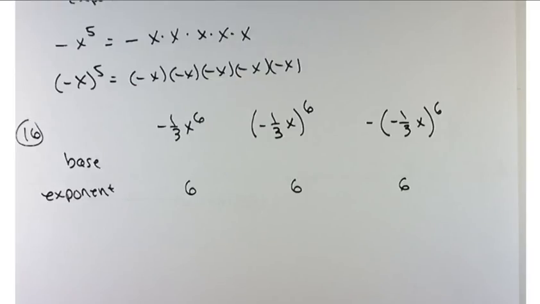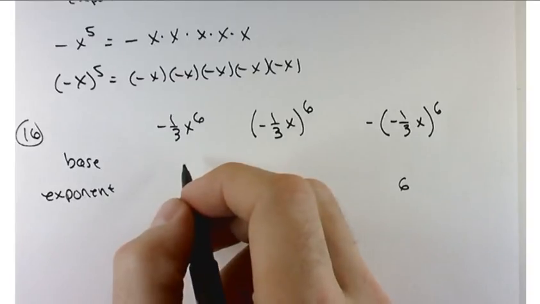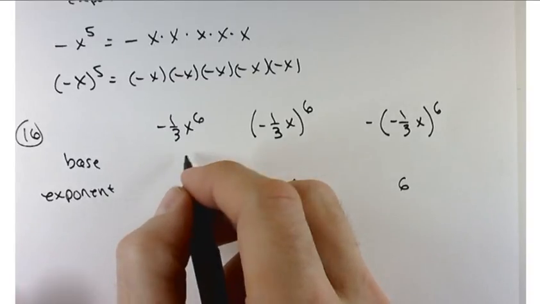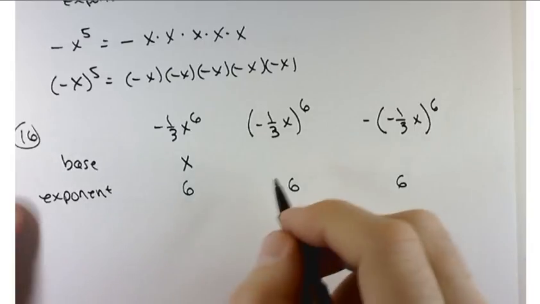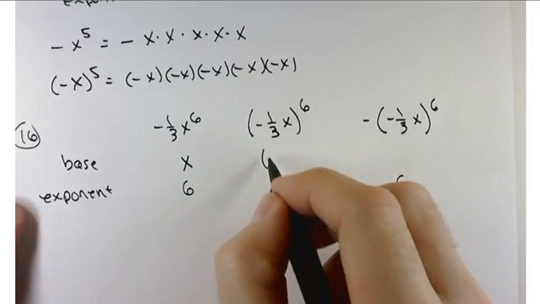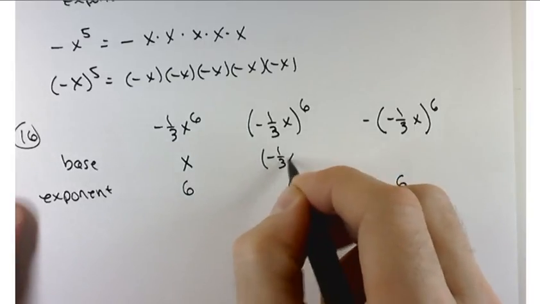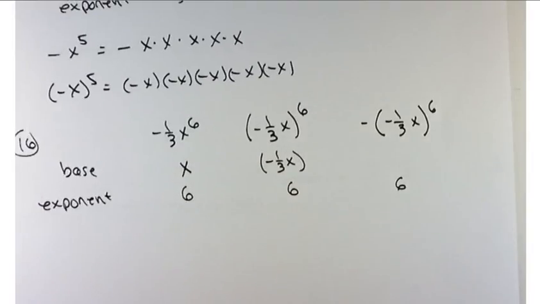So, Preston, what's the base for the first one, please? X. Good. Let's keep going around. Dwayne, what's the base in the next one? X. Good. It's the whole thing, negative 1/3 x.